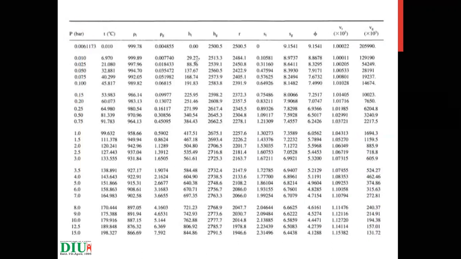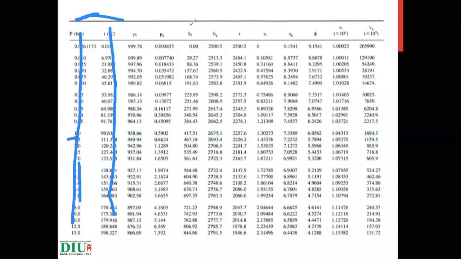You can see the pressure values 1, 1.5, 2, 2.5, 3, 3.5, 4, 5. The table is longer. The second column is the boiling temperature at that pressure. So you can see the boiling temperature changes with the pressure. We need these two columns.